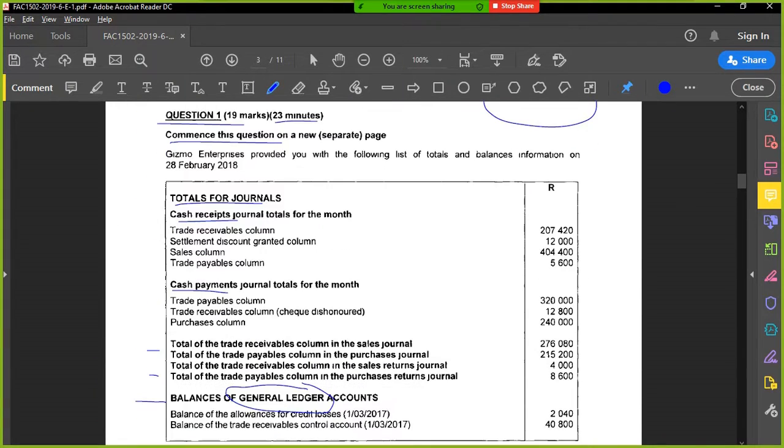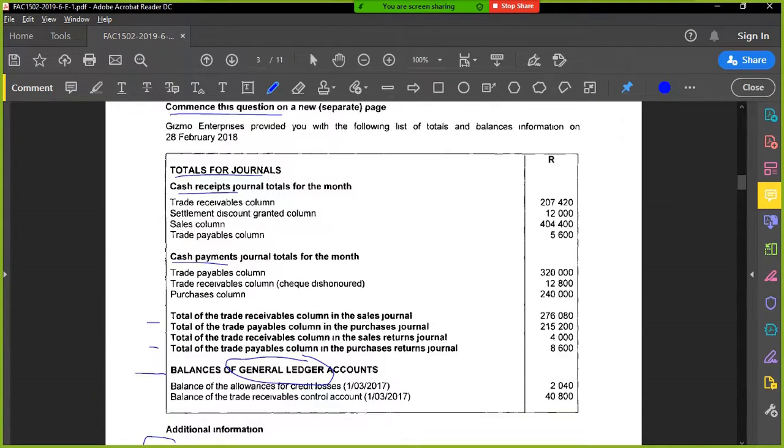We go to the question, we look at it. Totals for the journals. Cash receipts journal totals for the month. Trade receivables column. Will the trade receivables column in this particular journal affect my trade receivables T account? Yes, I think it will. How will it affect my account?